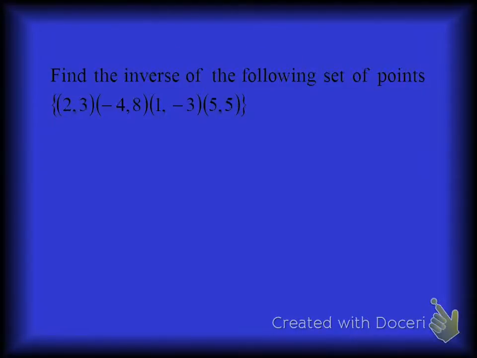The first one, just a quick one, just to make sure we're good with it. Find the inverse of the following set of points: (2,3), (-4,8), (1,-3), (5,-5). In order to find that inverse, you take each pair of points and you flip them: x's for y's.